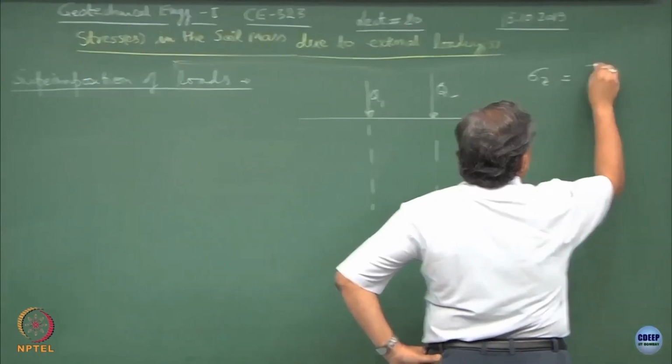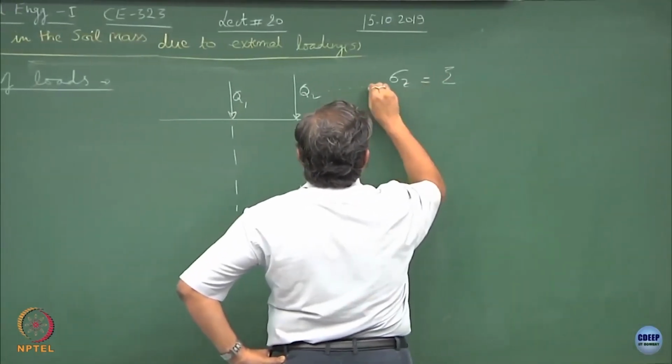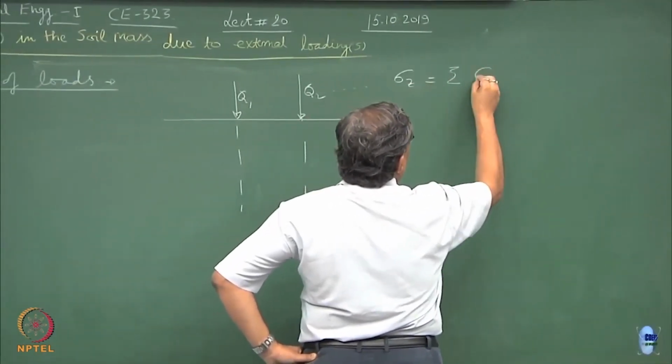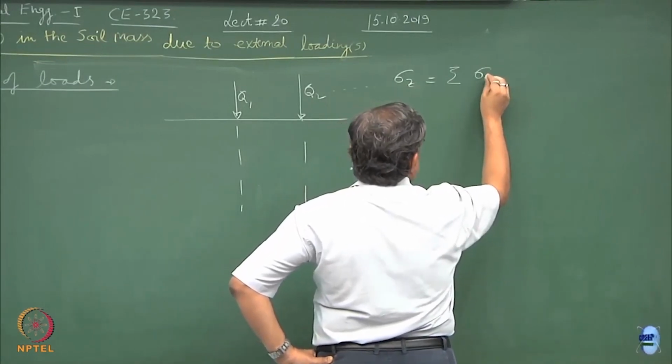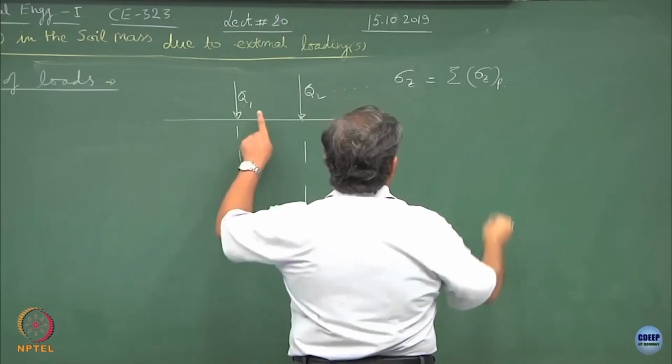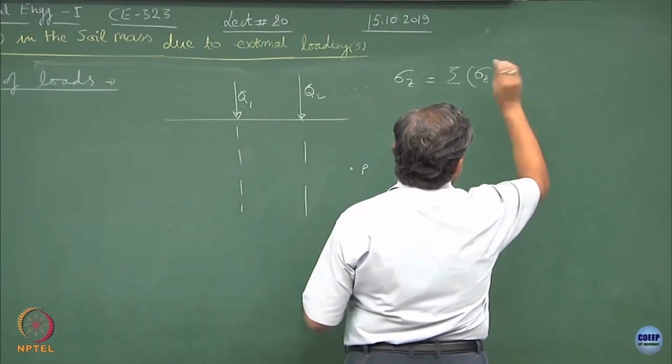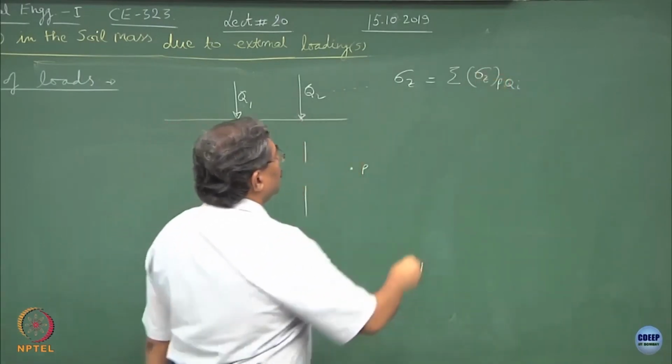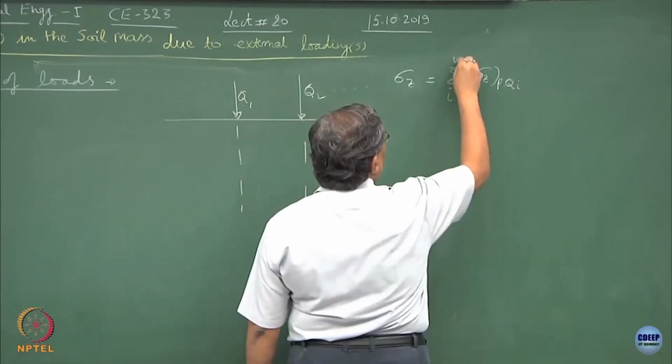So, sigma z will be equal to the summation, if I have a series of loads over here, of sigma z at point P because of Q1. So, this becomes i equal to 1 to n.